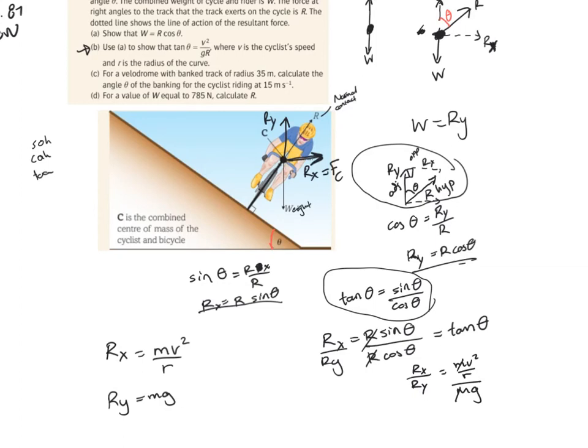Cancel out the masses, and it's left with v squared over rg. So I have two expressions for Rx over Ry, which is tan theta is equal to v squared over rg.